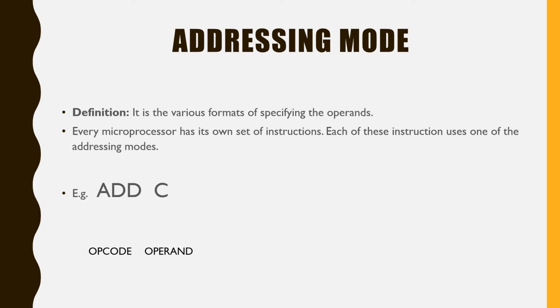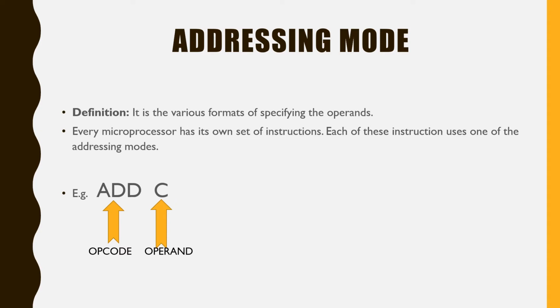Now here the definition is, it is the various formats of specifying the operands. For example, if they are given an ADD C instruction in microprocessor, many instructions are there. In ADD C instruction, ADD is an opcode and C is an operand. So here they are given opcode and operand.